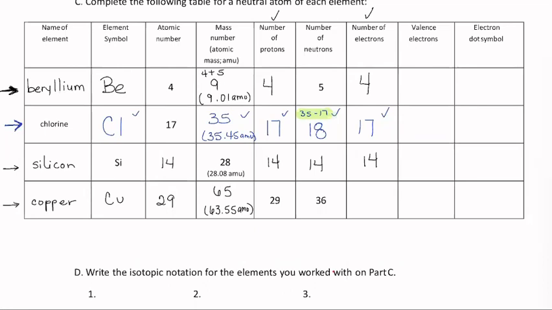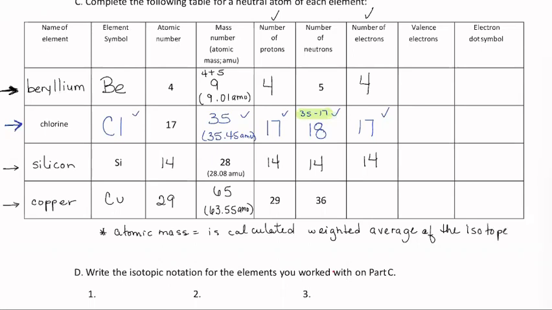I want you guys to stay here for a second and not be like, oh, Dr. Luz messed up. No, I did not. What happens here is that when it comes to atomic mass, this is a calculated weighted average of the isotopes for an element.